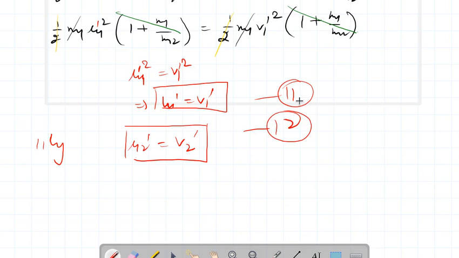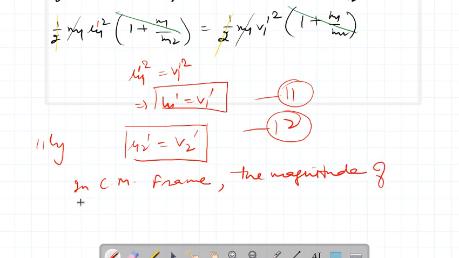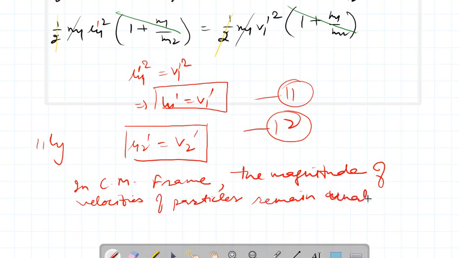It means that in the center of mass frame, the magnitude of velocities of particles remains unaltered after elastic collision.